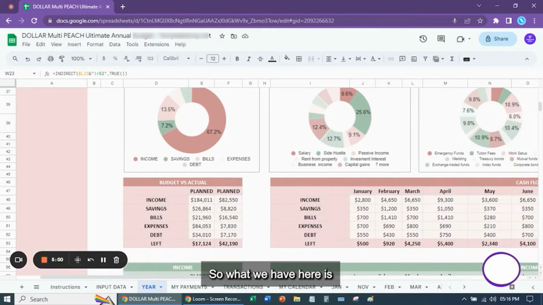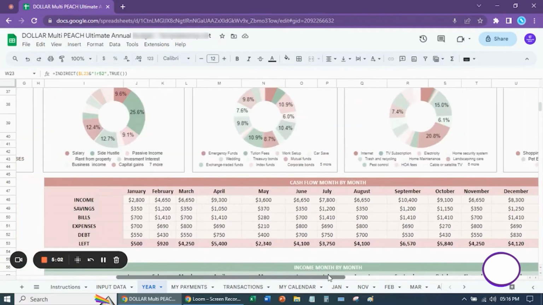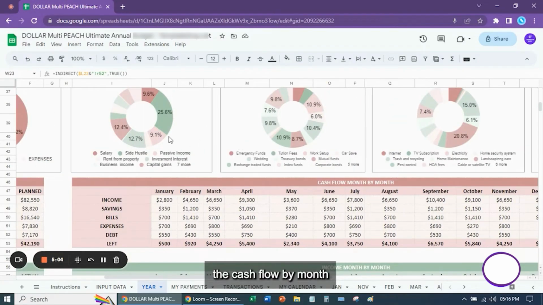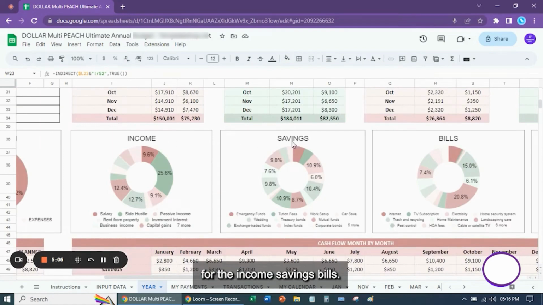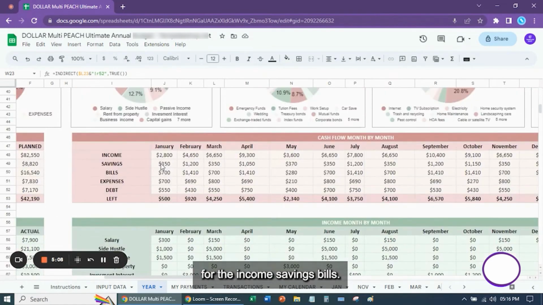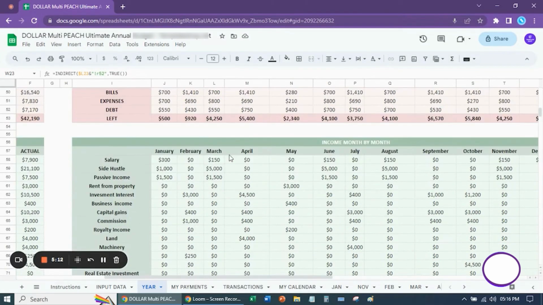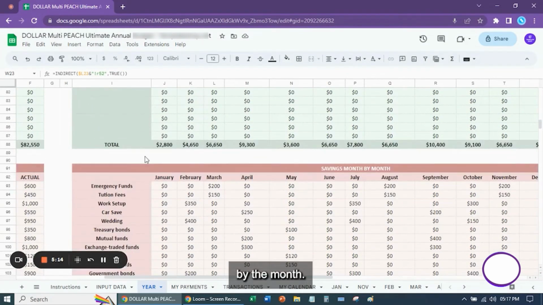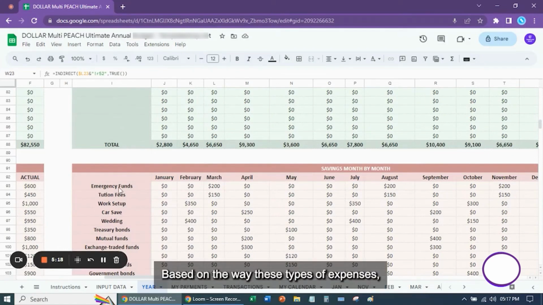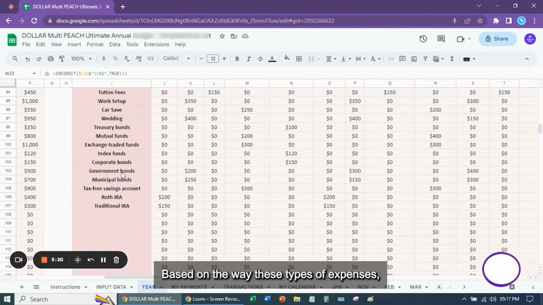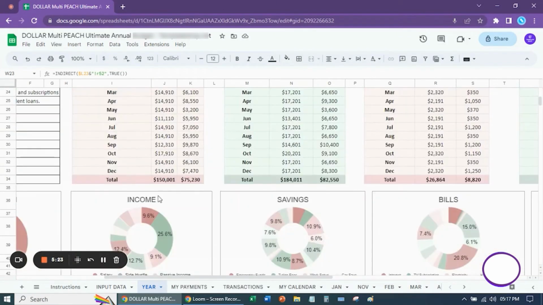So what we have here is the cash flow by month for the income, savings, bills. So this is the cash flow by month that you get. By the month, all the details, Jan, Feb, March, etc., based on the various types of expenses.